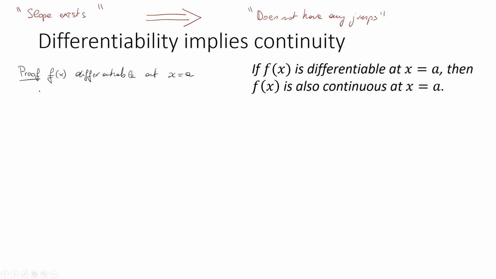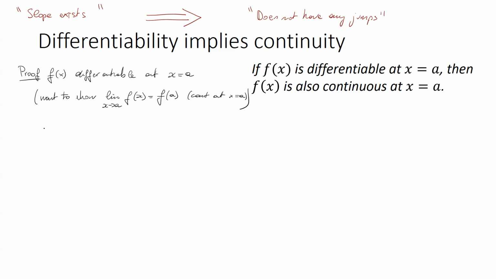And what we want to show is that it's also continuous at x equal to a, as it says on the slide. So if we write that out a bit more, we want to show that the limit for x going to a of f of x is f of a, because that's what it means to be continuous at x equal to a.